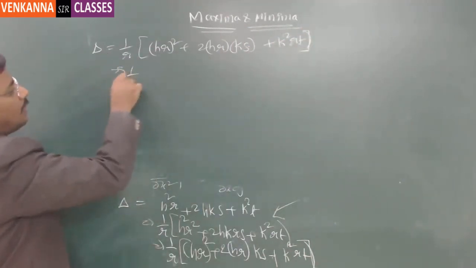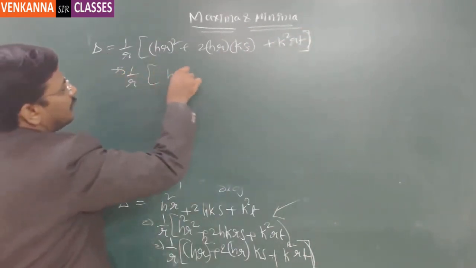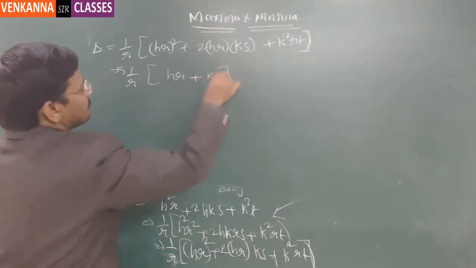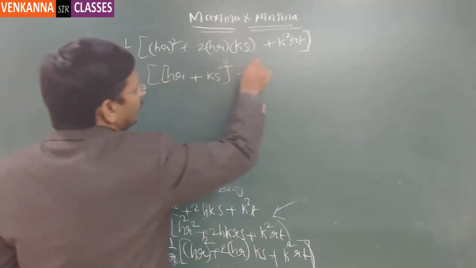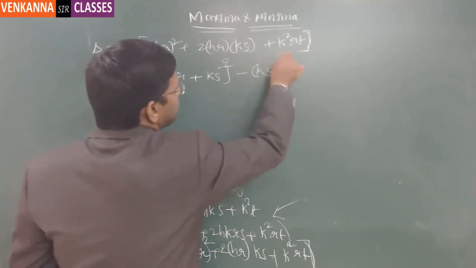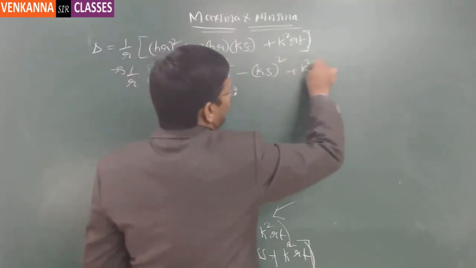And this is 1 by R times of (HR plus KS) whole square minus (KS) whole square plus K square (RT minus S square).